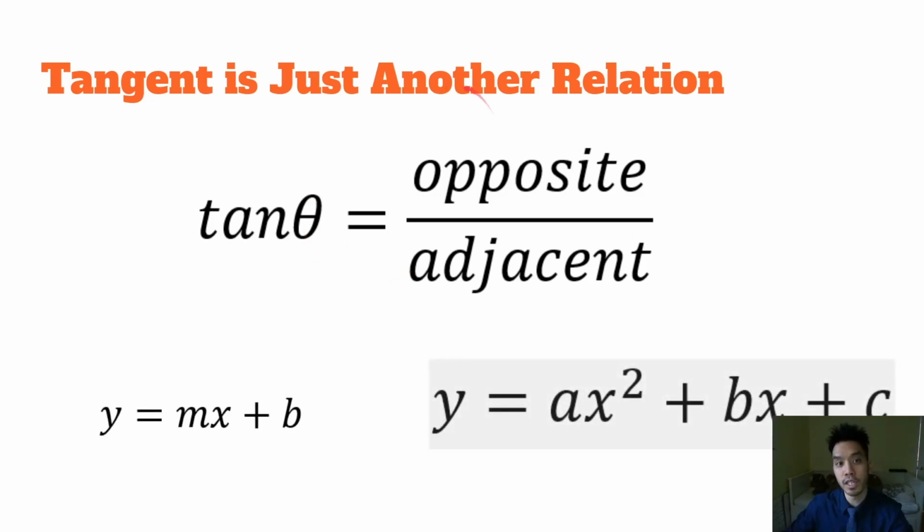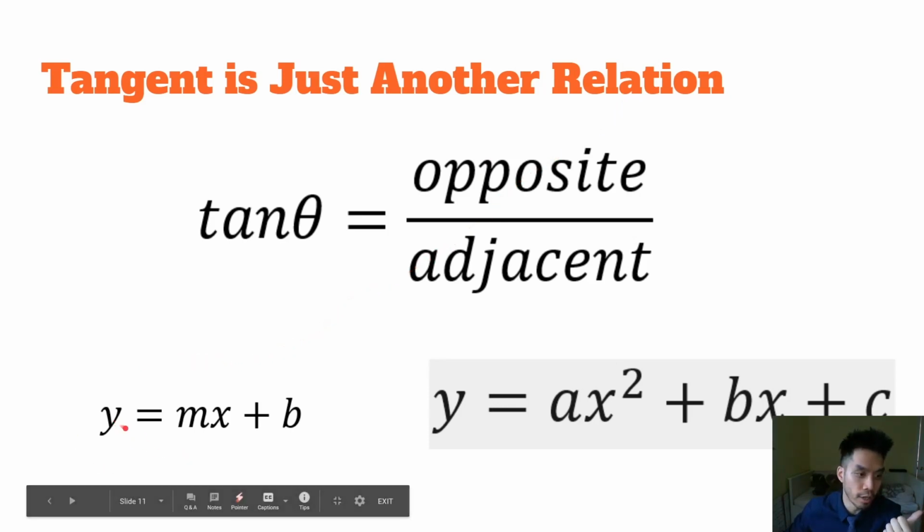And I just want to tell you that it's just another relation. We've been studying relations in grade 9, where we related y and x, and y is any dependent variable and x is any independent variable. And we worked with pizzas, like number of toppings and cost, or taxis, where number of kilometers driven and the total cost, right? You're relating any independent variable with any dependent variable. And that was the same with last unit where we did quadratics, where we related any x value with the y value, and there happens to be a square value there, which made it quadratic.